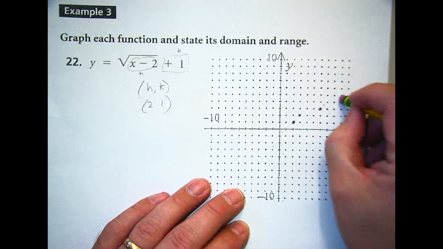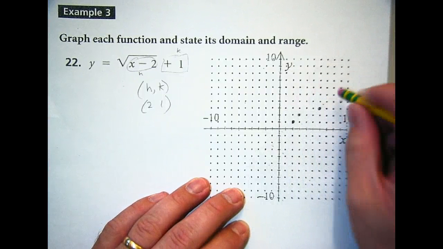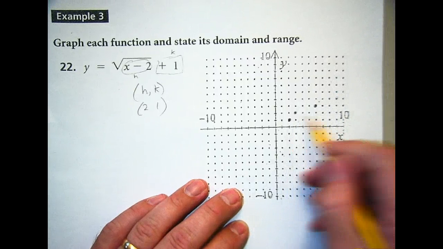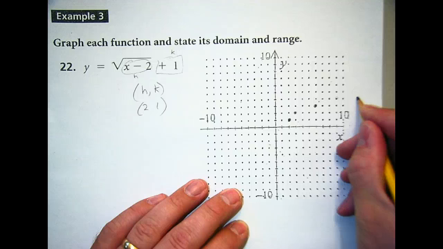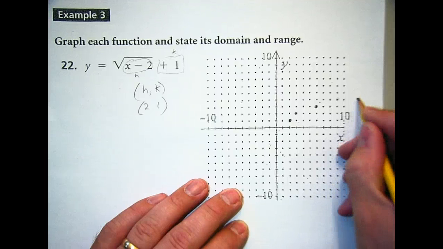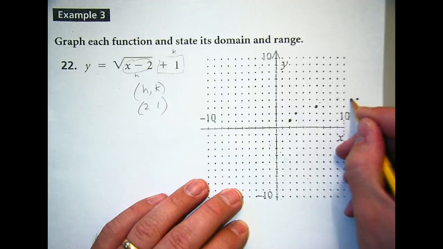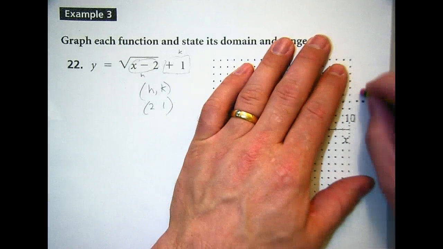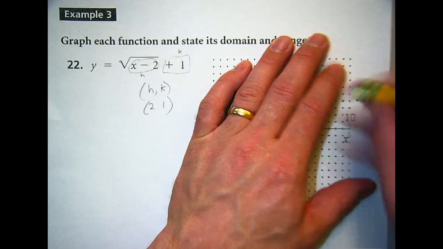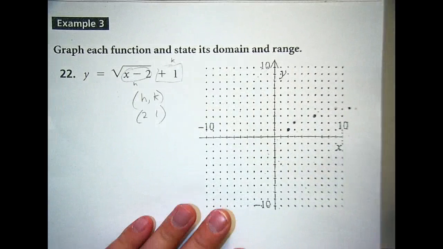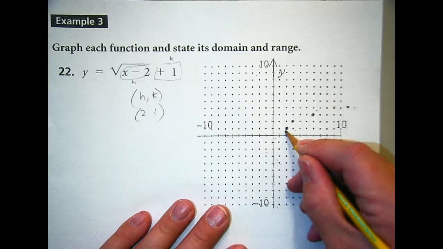Oops, 9 doesn't fit on here, does it? I'd have to have a few more. Actually, it's just there. It would be at 11. But anyway, it's a complete flip of a parabola. It's an inverse of it.